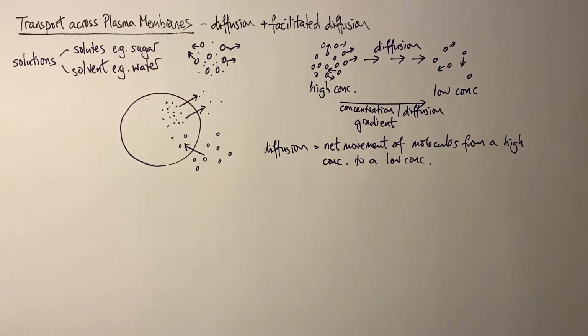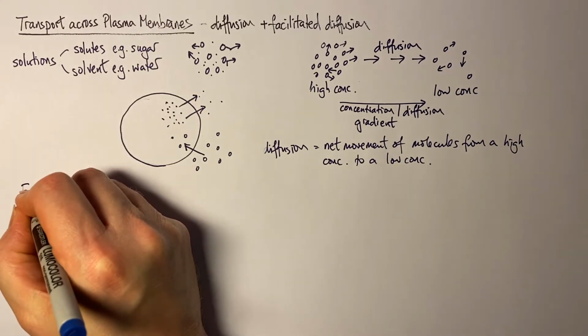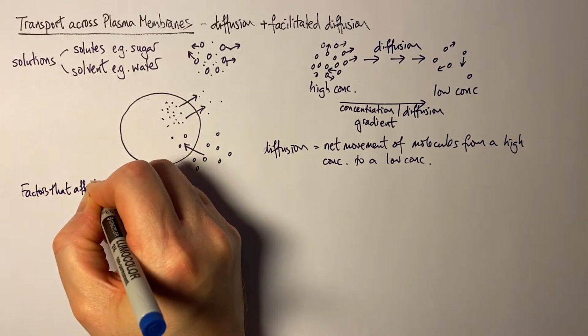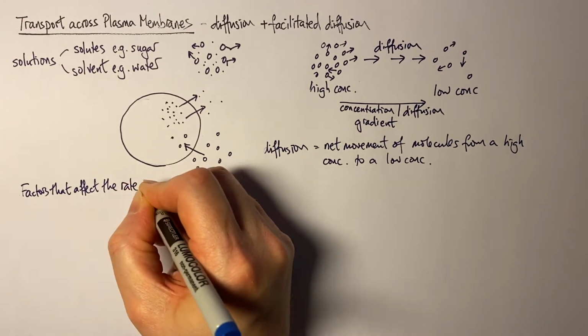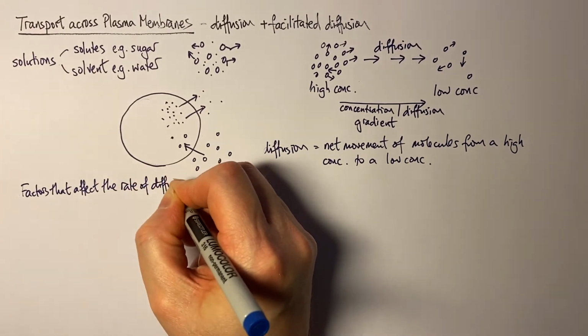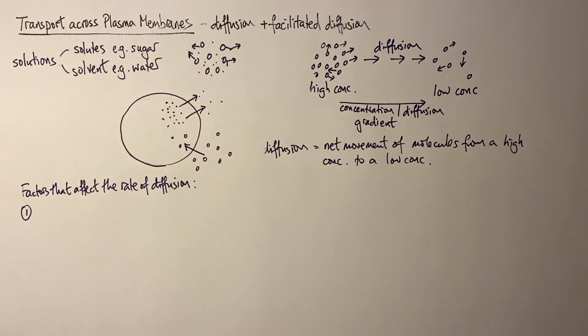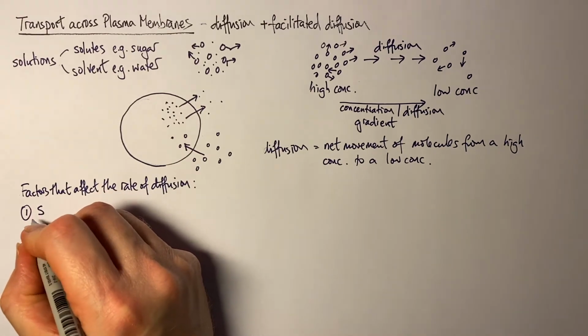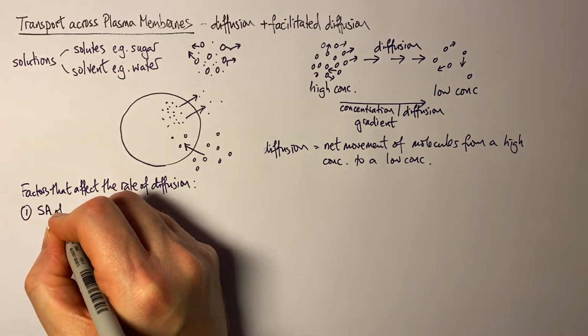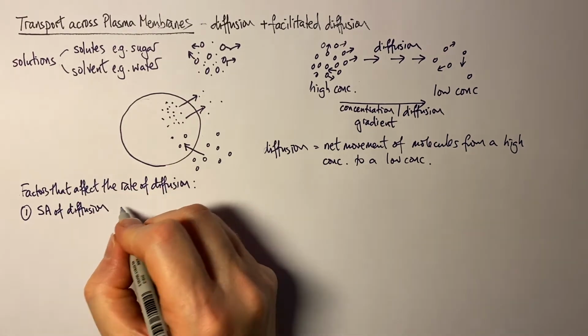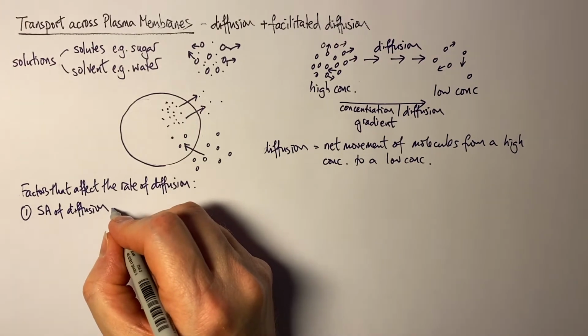Now, there's a number of factors that can affect the rate of diffusion. And those factors are, first of all, the surface area of the diffusion layer.